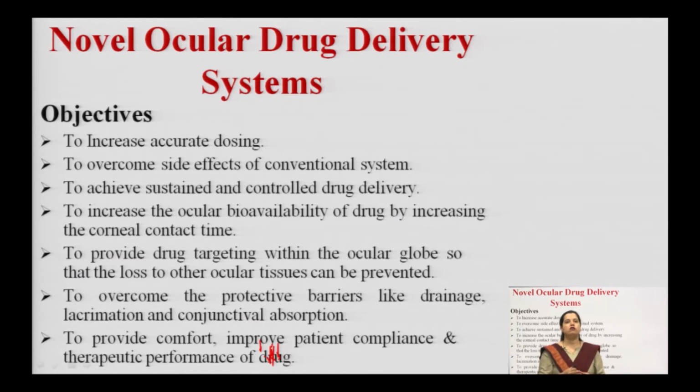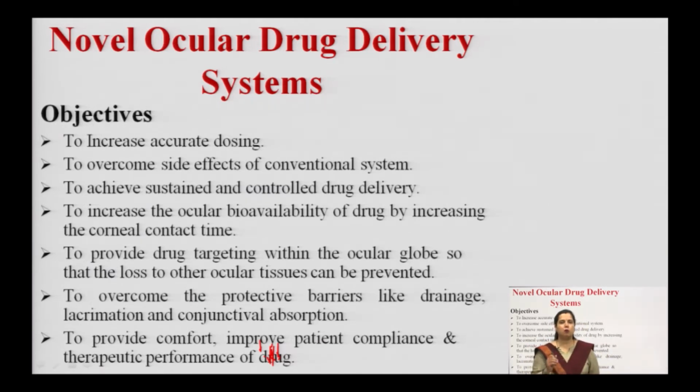To provide drug targeting within the ocular globe, so that the loss to other ocular tissue can be prevented. Yes, drug targeting is the main aim of making these types of preparations for the ocular region. It prevents the loss of drug to other parts of the eye, as it gives the targeting effect.